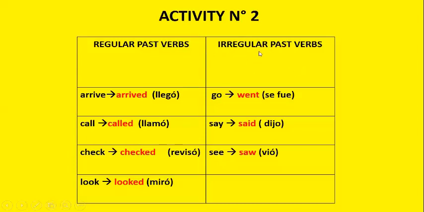Regular and irregular past verbs, right? Okay, vamos por ejemplo a ver cómo se forman los verbos regulares. Pay attention. We have arrive, call, check, and look. Básicamente se forman igual, se escribe lo mismo, pero puedes mirar cuál es lo común acá.